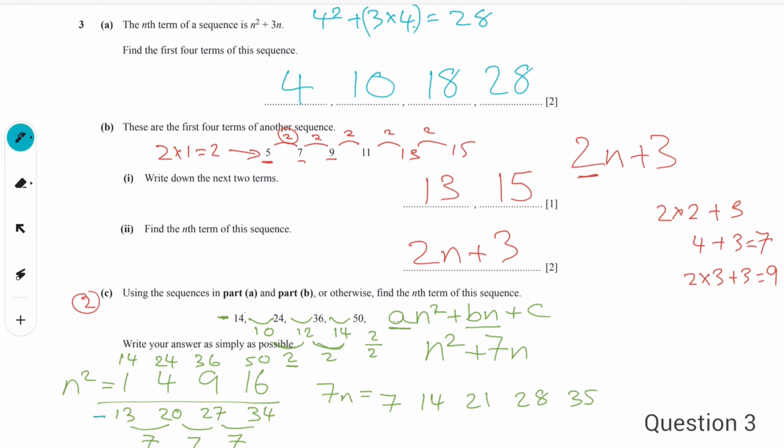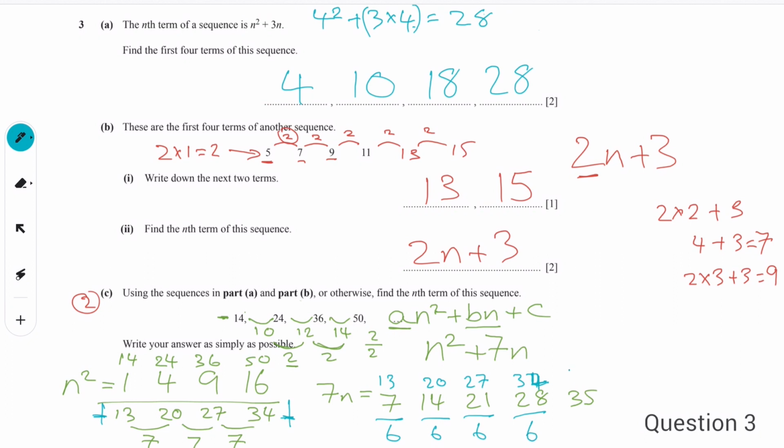If I use these numbers here, I'm going to take 7 away from that, I'm going to take 14 away from that, I'm going to take 21 away from 27, and I'm going to take 28 away from 34, then we should see that we've got 6, 6, 6, 6.